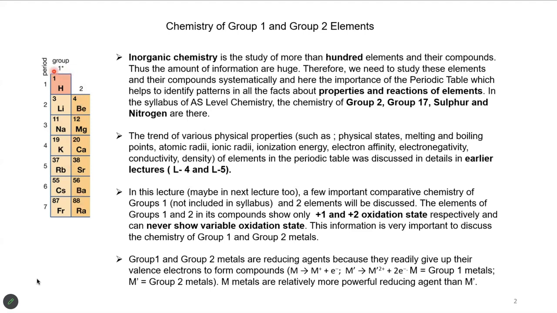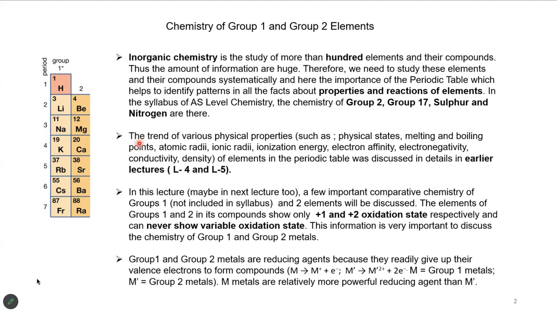One exception is starred: hydrogen. Though it is in this group, the properties of hydrogen are rather different from these elements. So hydrogen chemistry is dealt with differently from that of group 1 chemistry.